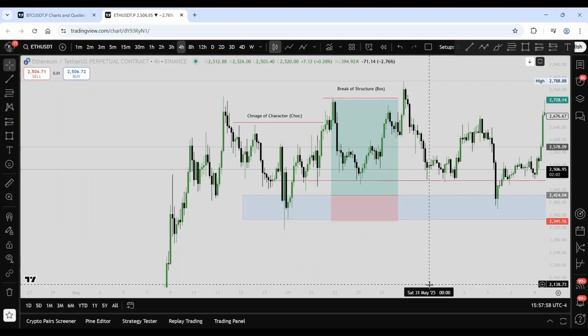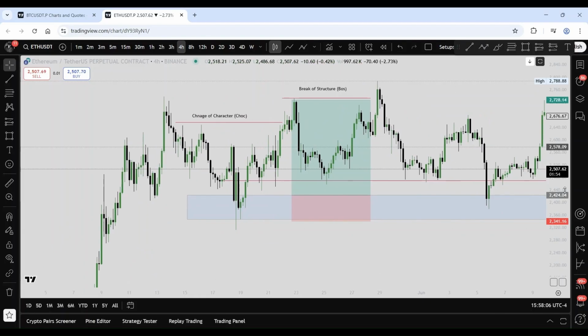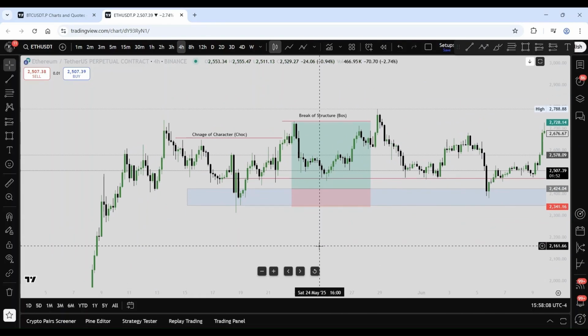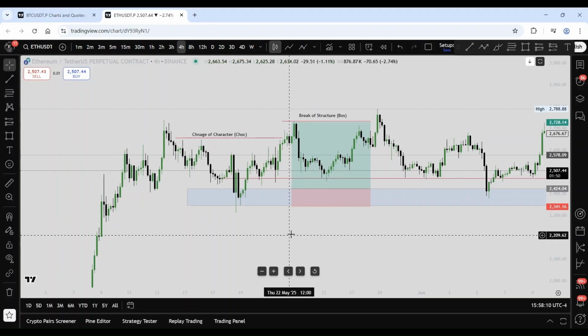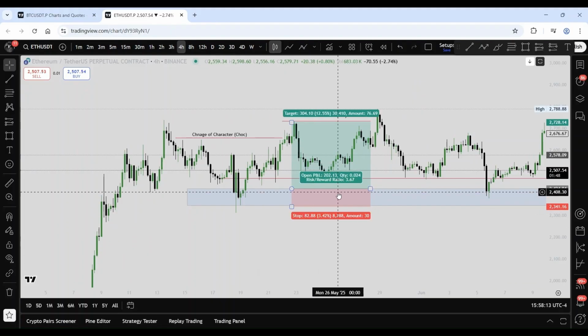I wouldn't be entering a trade where I would get a 1 to 2 or 1 to 1 risk to reward ratio, because that's just not the profitable way to trade. The whole purpose is to get at least a 1 to 3 risk to reward ratio for us to get a good profit over time.